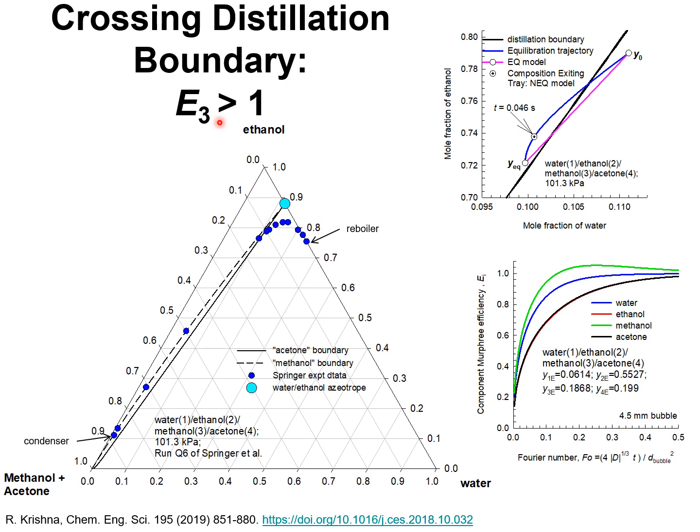One of the components may have efficiencies exceeding unity. And this deviation of the component efficiency from unity values contributes to the boundary crossing for this quaternary mixture.